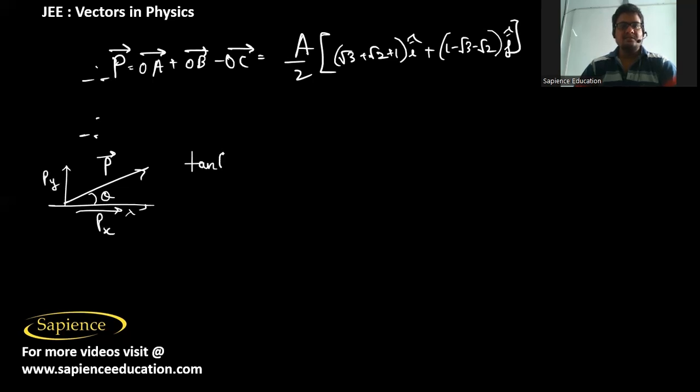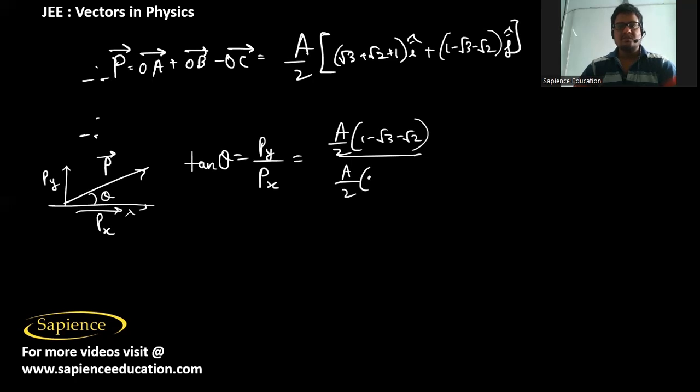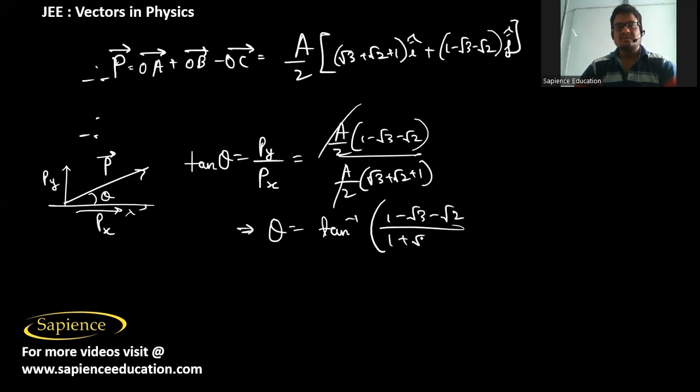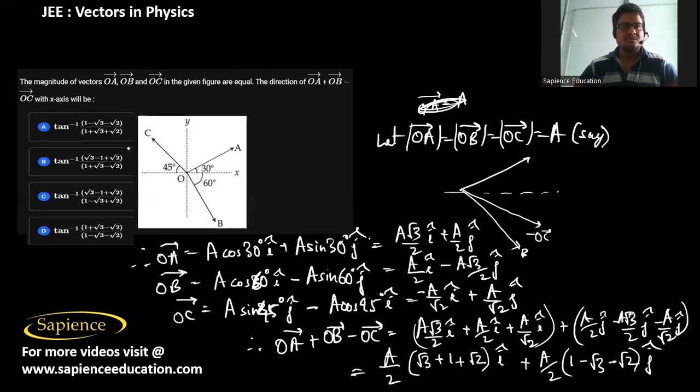Then tan theta will be py by px, where py is A by 2 into 1 minus root 3 minus root 2, and px, the x component, is A by 2 into root 3 plus 2 root 2 plus 1. So A by 2 will cancel out. Then theta will be equal to tan inverse of 1 minus root 3 minus root 2 by 1 plus root 3 plus root 2. So option A is the correct answer.